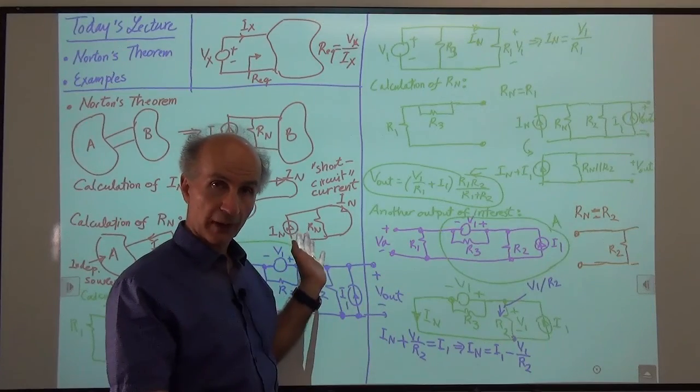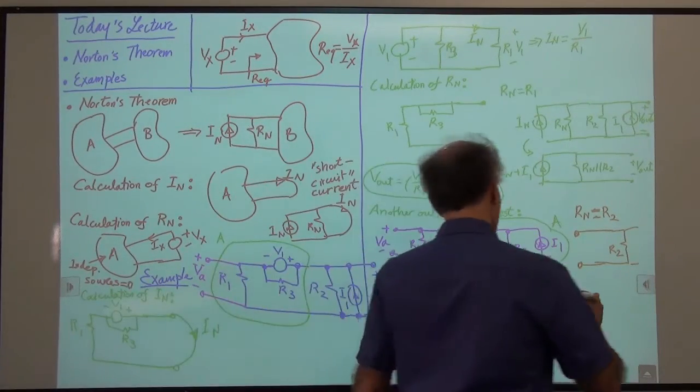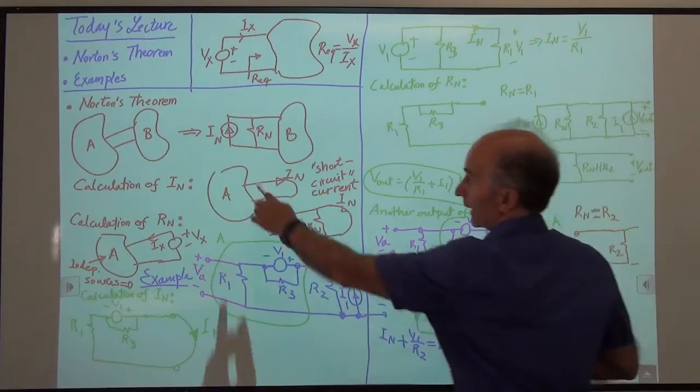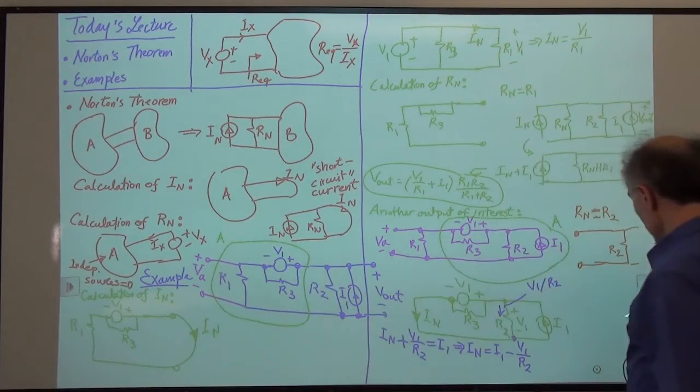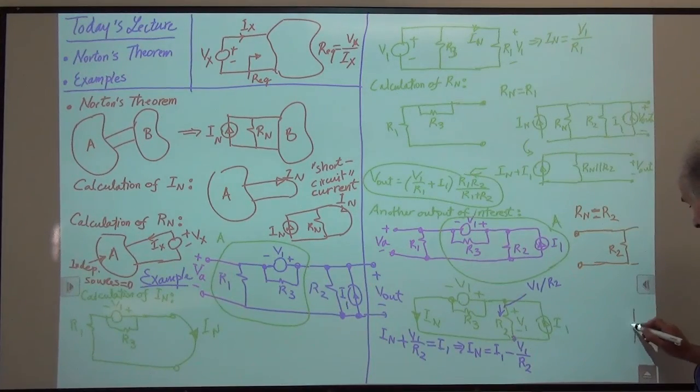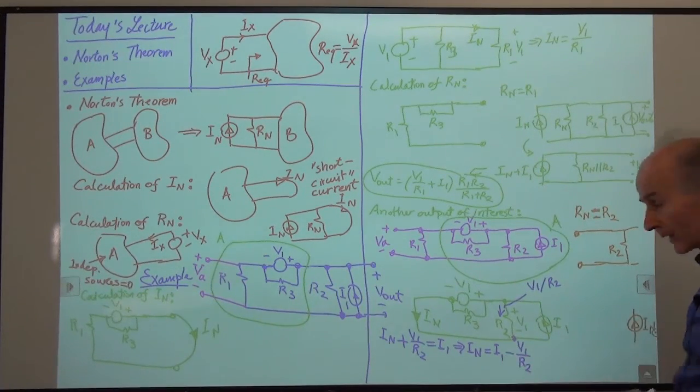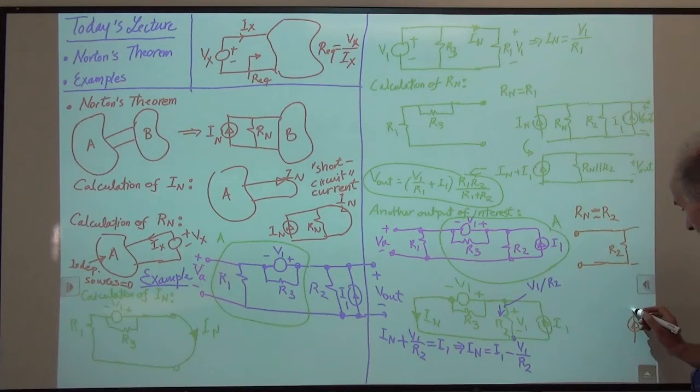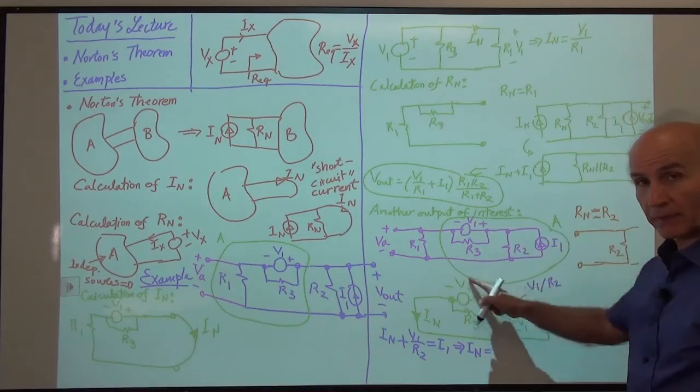That will be the overall circuit that I have. So let's go ahead and do that. So remember what we have. We have a current source and a resistance. So I'll draw it from this side. Here's my current source, IN. IN has this value. Then I have a resistance, R sub n. Rn happens to be equal to R2. So this is the model of this green box.